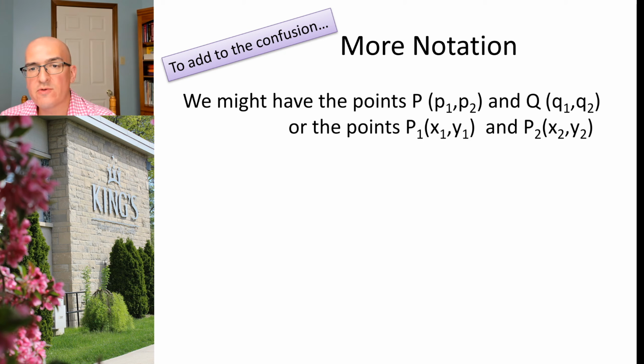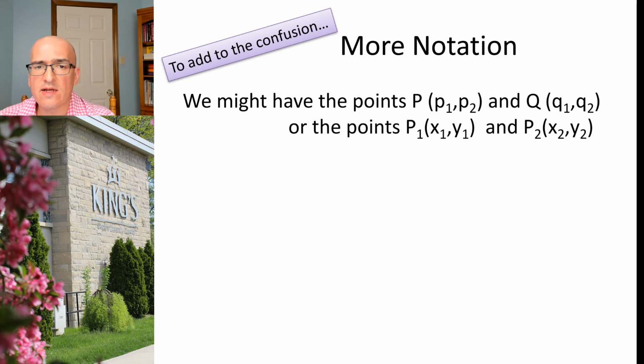Another way that ambiguity can be reduced is to label using subscripts with numbers, instead of using x's and y's. This is particularly important if you're doing anything with code or software, and if you're in higher dimensions. You start running out of letters of the alphabet.